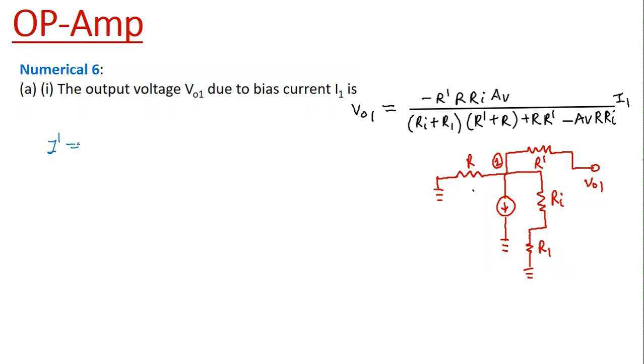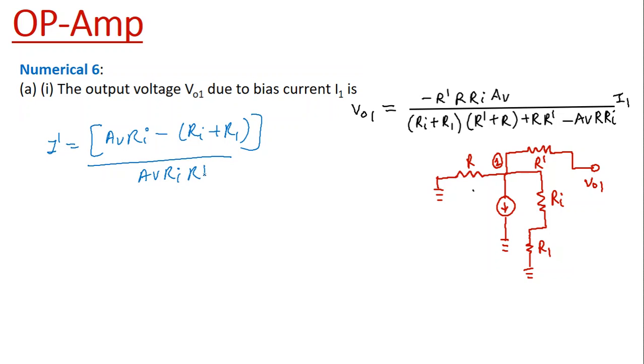I dash will be equal to (AV Ri minus (Ri plus R1)) divided by AV Ri R dash, into VO1. So this is our equation number Z.